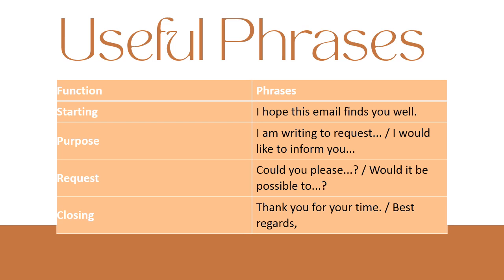Or you can say, I hope you are doing well, just simply, okay? Then you go directly to the point of why you are sending this email. You can use this expression: I am writing to request, to ask, etc., or I would like to inform you.